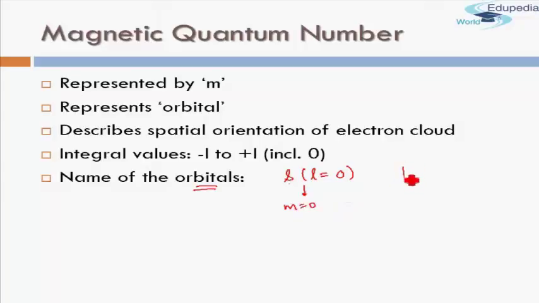But for p, which has L equals to 1, the m values will be minus 1, 0 and plus 1. So we have three different orbitals for this subshell, and hence we'll give each of them a different name, like Px, Pz and Py. So on and so forth. We'll look into details of these names in a different lecture.